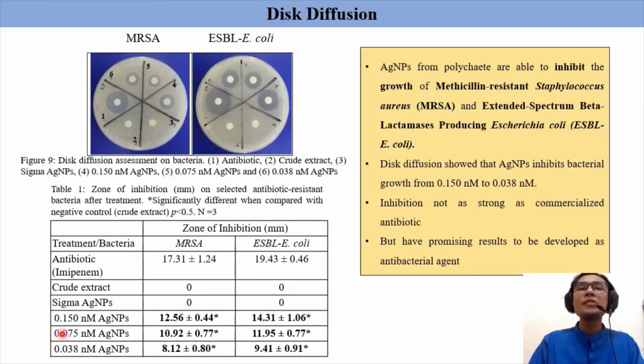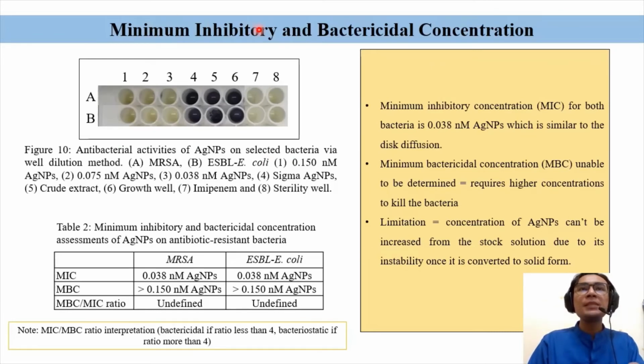At lower concentrations than this, we cannot see any inhibition. Even though the inhibition is not as strong as the commercialized antibiotics, it has promising results to be developed as antibacterial agents.